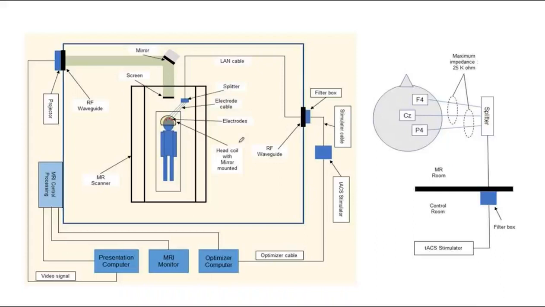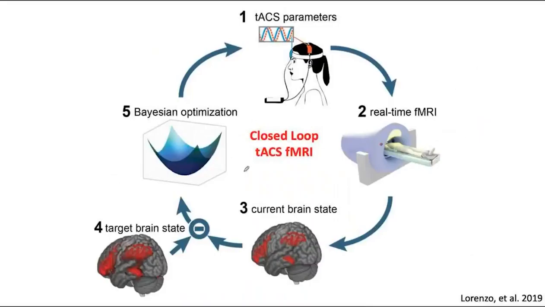What we do inside the scanner, we do the stimulation inside the scanner. And in that large space of different frequencies, different phases, different amplitudes, different variations of stimulatory protocols, we do the stimulation and record with fMRI, and we would like to have high activation in the executive control network.